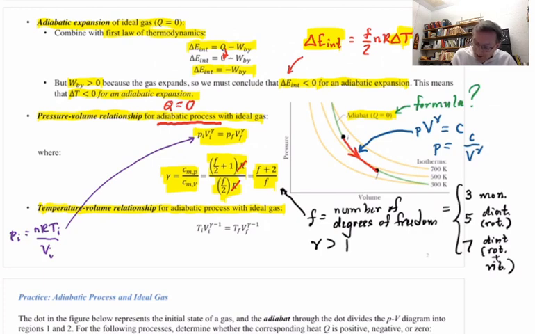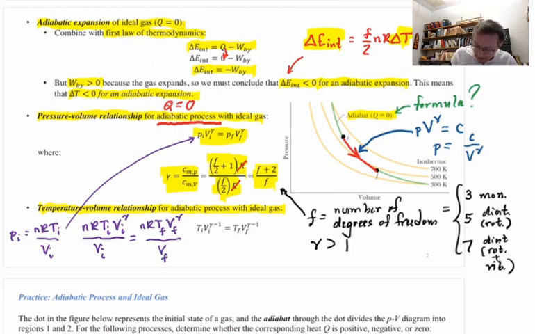And when you do that, you'll have something that looks like this. Let me just write it right here. nR T initial, V initial to the gamma over V initial equals nRT final, V final to the gamma over V final.